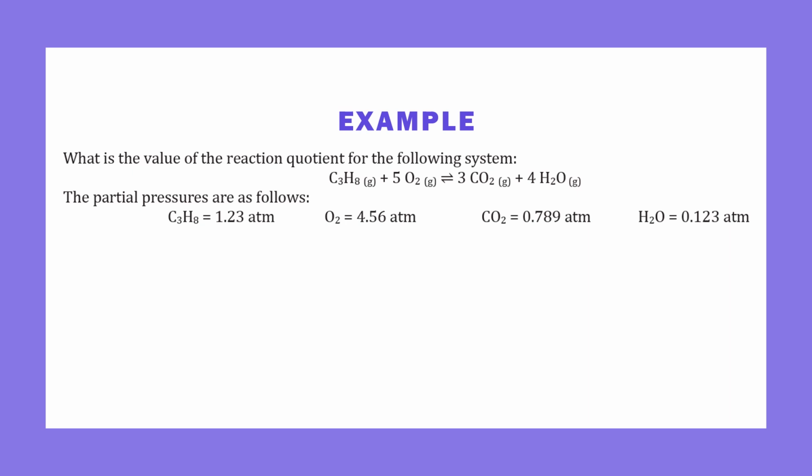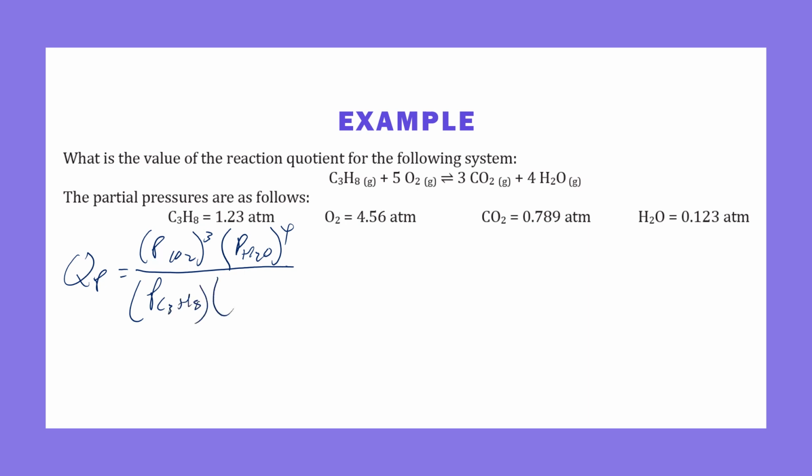Okay, here's another one. We want to find the reaction quotient, QP. These are in pressures. So we have the pressure of CO2 cubed times the pressure of H2O to the fourth, all over the pressure of the C3H8 times the pressure of the O2 to the fifth. And then you plug in your values for QP.